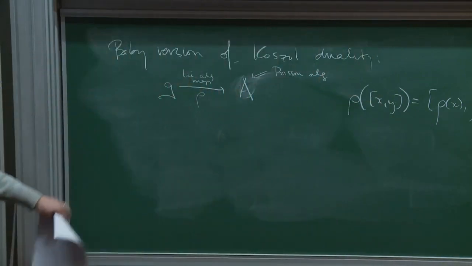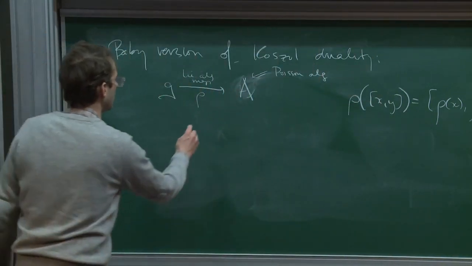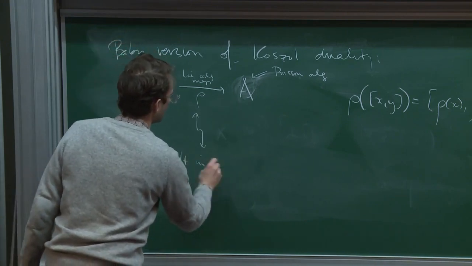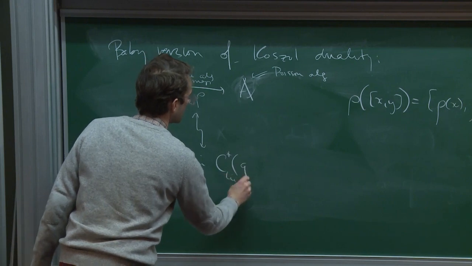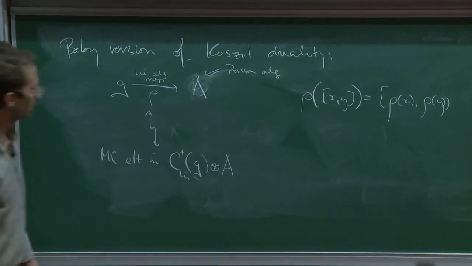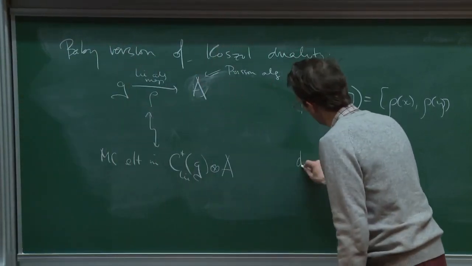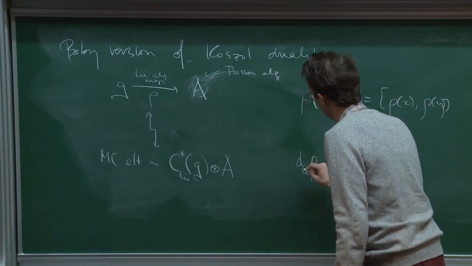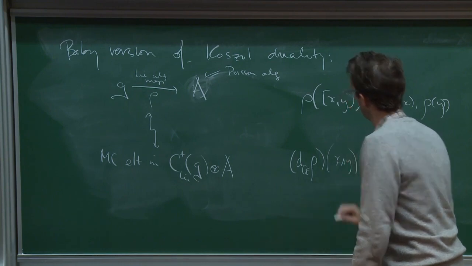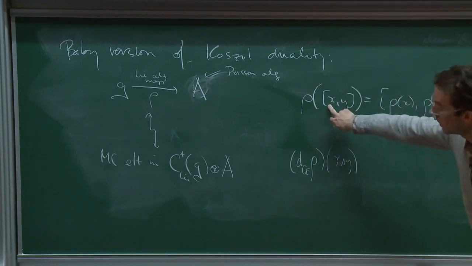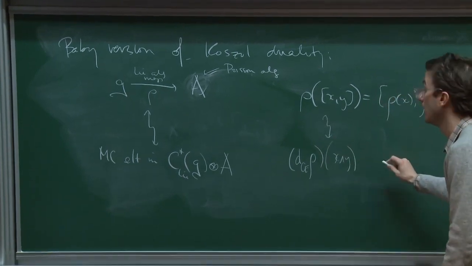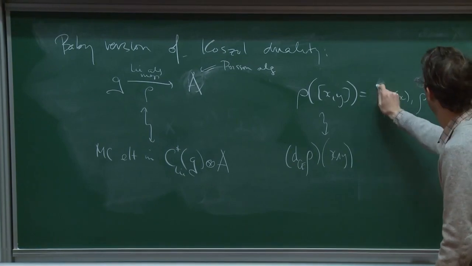But to give such a map is equivalent to giving a Maurer-Cartan element in the Lie algebra cochains of G tensor A. And why is that? Well, if you use the Chevalley-Eilenberg differential applied to some element rho and evaluate it on x wedge y, that is rho of the bracket. And, sorry, this should be a Poisson bracket.